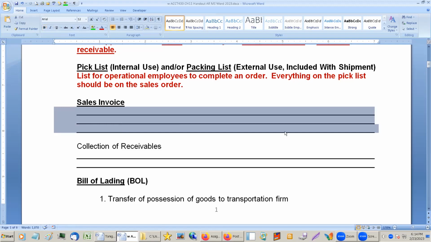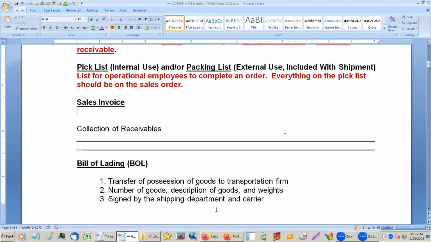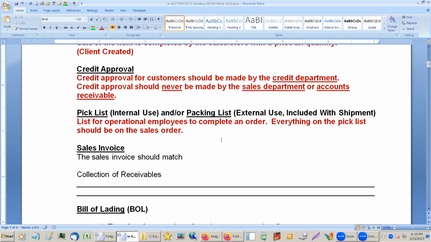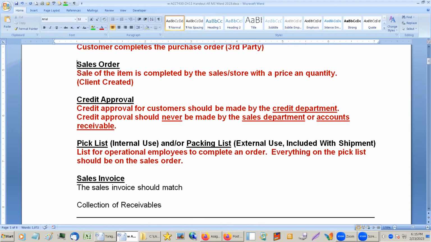Okay, sales invoice. Sales invoice should match. Okay, which one should it match? Should it match the sales order? Or should it match the pick list?